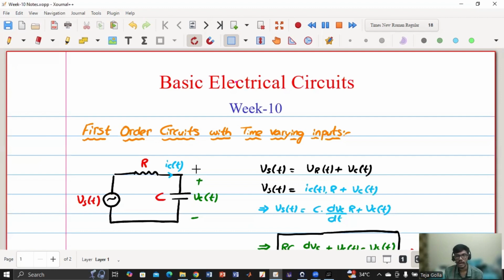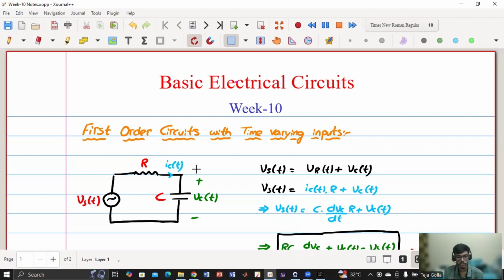Individually we have calculated Vc0, Vc infinite, and tau. Similarly for inductor current, IL of t can be written as IL of infinite plus IL of 0 minus IL of infinite into e to the power minus t by tau. Again individually we have calculated IL of 0, IL of infinite, and tau. So this is for the case where the input is DC.